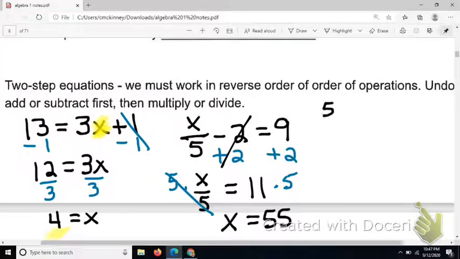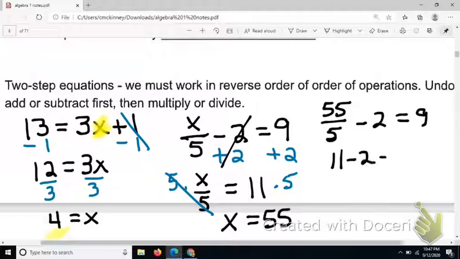So 55 divided by 5, take away 2, should equal 9. 55 divided by 5 is 11. 11 take away 2 is 9. Check, it works. So to check it, we plug in our answer for the variable.